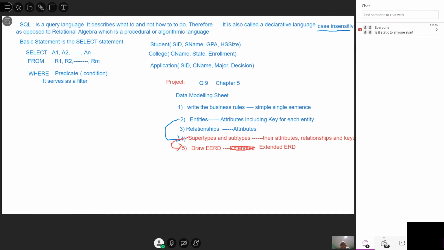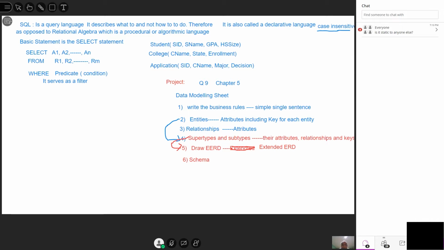Okay, so once you have that, now you can write your schema. And then we are going to talk about it, and after writing the schema, you have to create a database, and how do you do that?